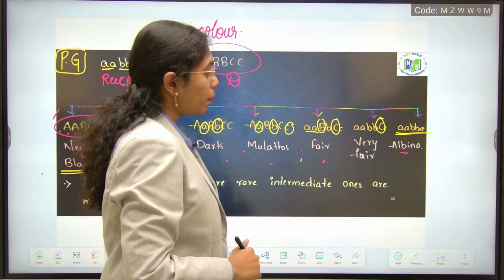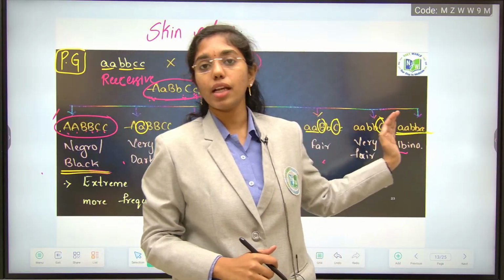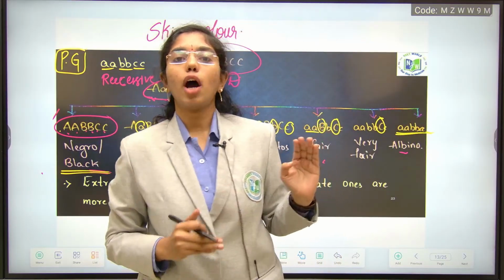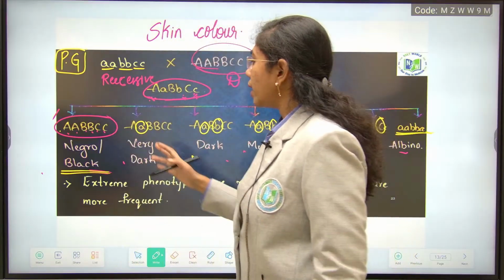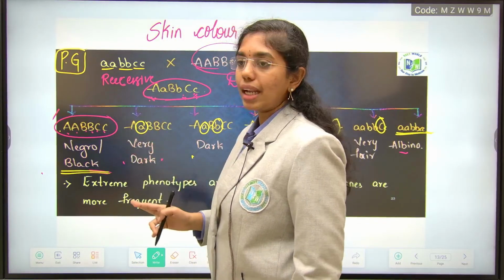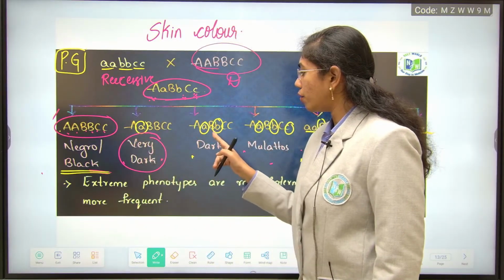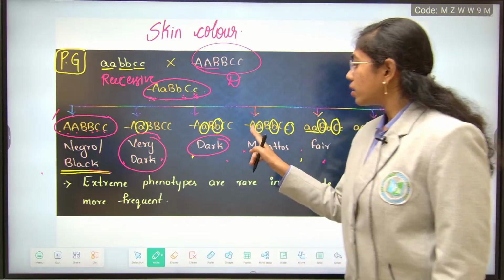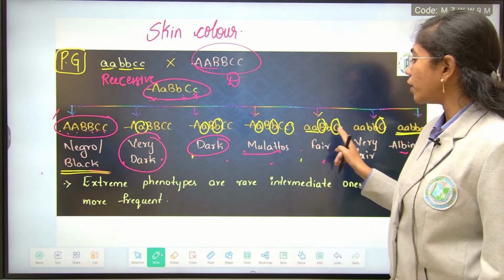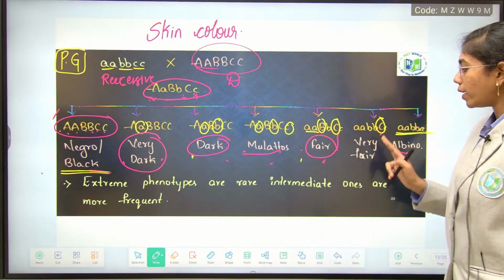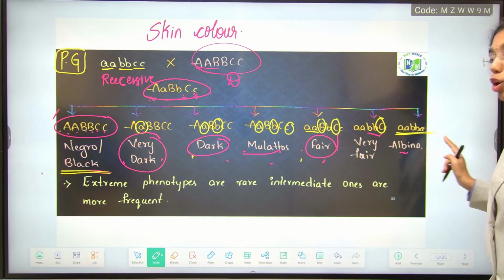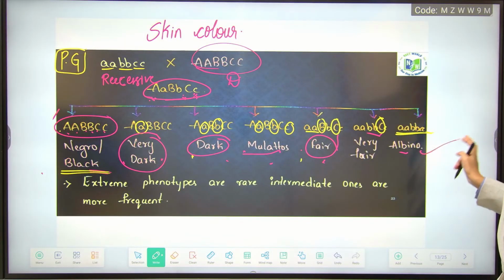As such, the pigmentation decreases with the decrease in the dominant allele number. Here 5 dominant alleles, wherein very dark color is observed. Here 4 dominant alleles dark, 3 dominant alleles mulattoes, only 2 dominant alleles fair, 1 dominant allele very fair, no dominant allele at all, albino.